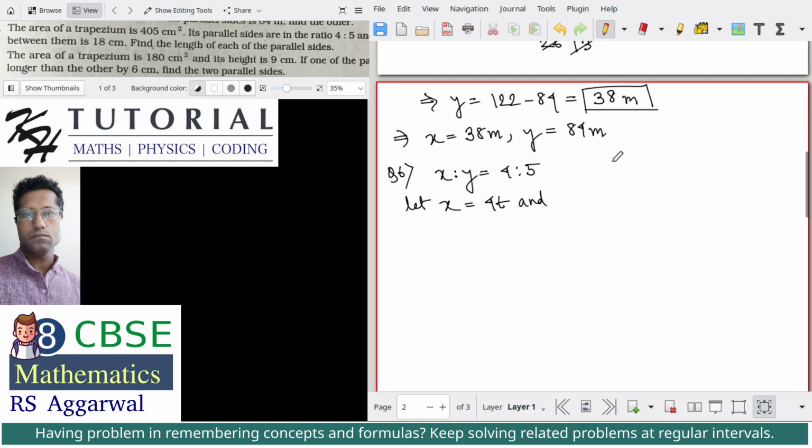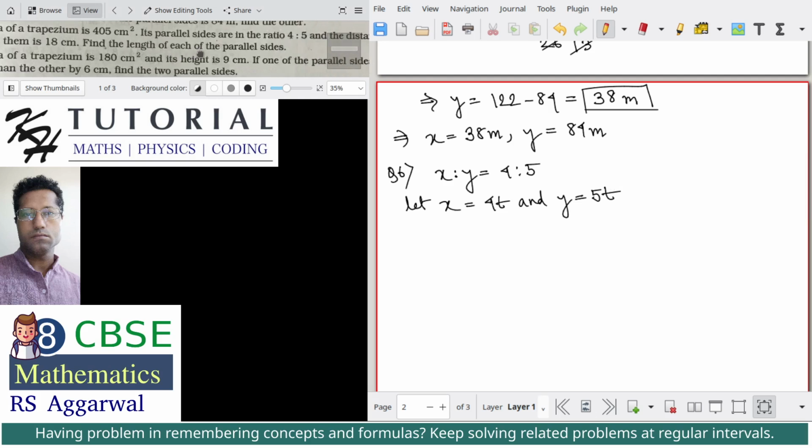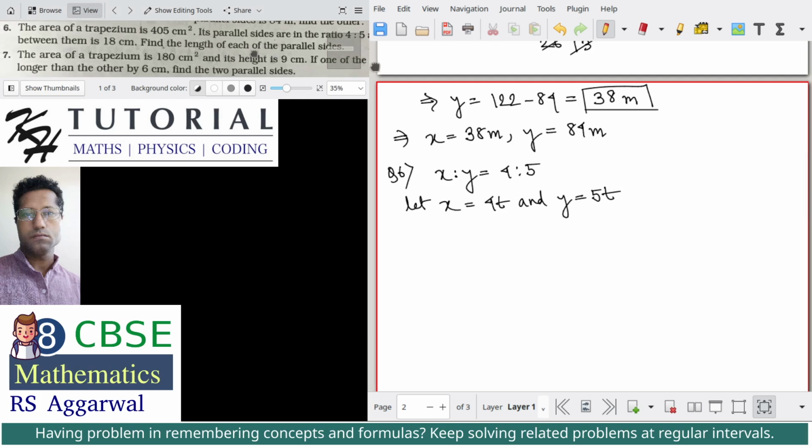In this problem I am considering it as t. So let's say x be 4t and y equals 5t. The ratio of the parallel sides is given and the distance between them is given, that is height is given as 18 centimeter.